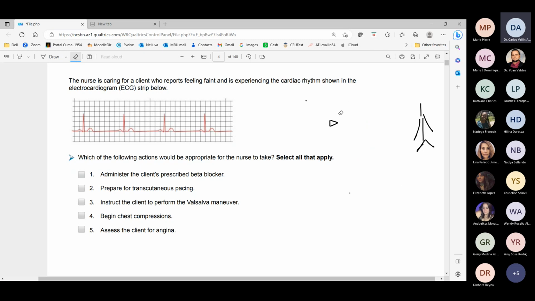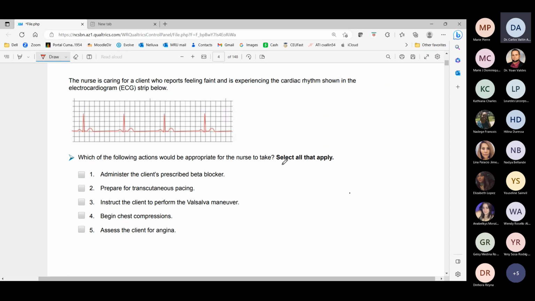What we have here is a bradycardia, and we know that the organ that is going to suffer first from this bradycardia is the brain, because when a person is upright, the brain is in the highest position and is going to receive the least amount of blood and oxygen, which should be the contrary, since the brain is supposed to receive most of this blood. So this is what we have here, a bradycardia.